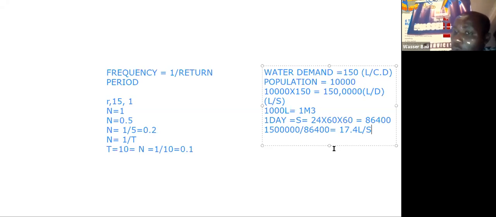The wastewater flow is 17.4. The sanitary flow is 17.4. The sewerage flow is 17.4. So I can use like 5 words, they all mean the same thing. So now, this 17.4 is what I will use to dimension my size and say what size of pipe can take this.